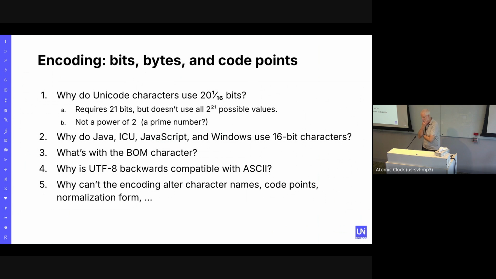Why do we use 20 and 1/16 bits per character? This seems like a really, really odd number. What happened was when we first started off, the basic conception of Unicode was that we would be a 16-bit character set. And you say, well, how could you fit all the characters we need in 16 bits?